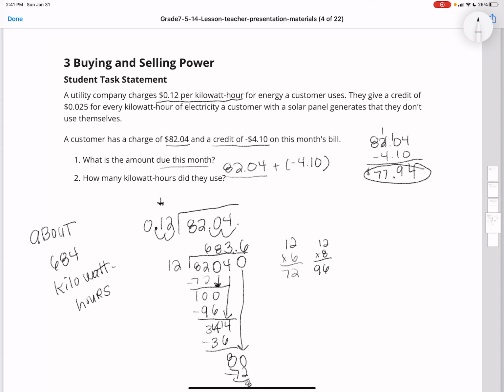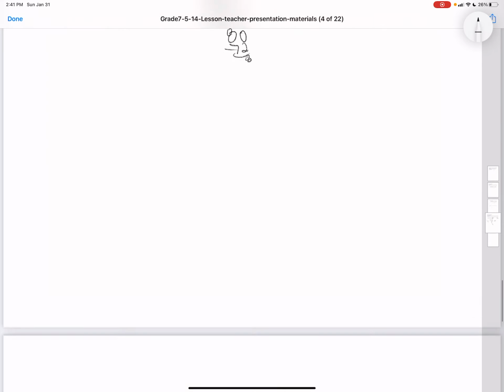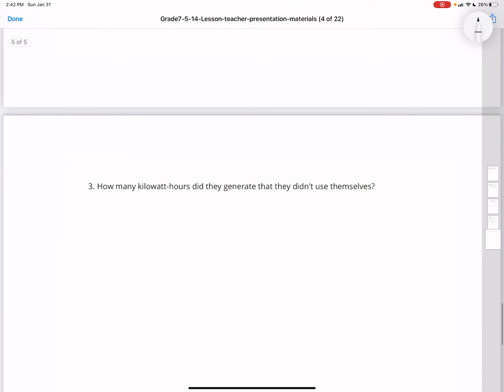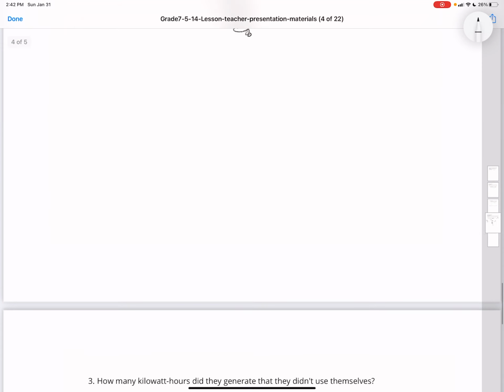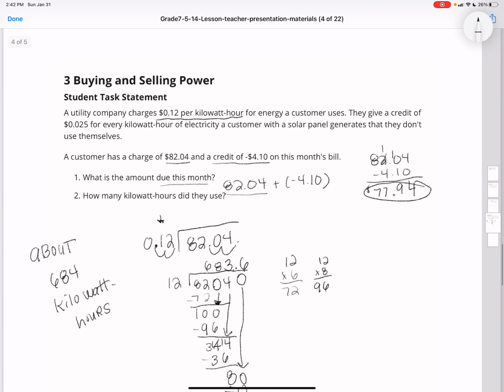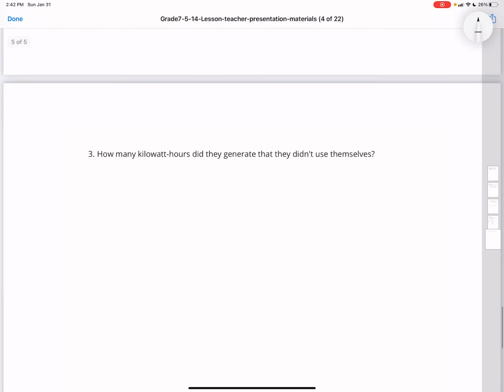Okay. Now let's move on to the next one. It says how many kilowatt hours did they generate that they didn't use themselves? So now I want to take the negative $4.10 and divide it by the second unit rate. And the same applies.